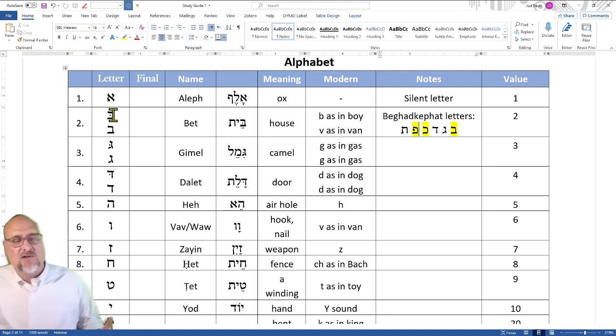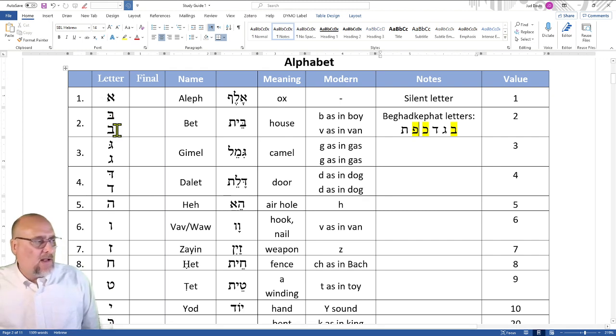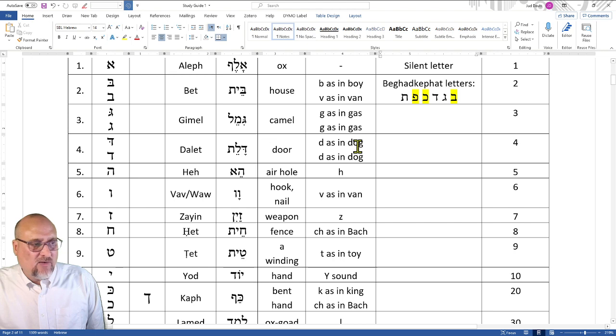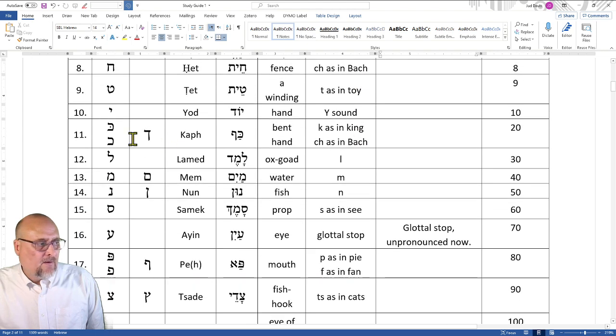So questions about that? So that's why you have B or V. The Gimel is just G. The Dalet is just D. The Kof, if it has the dot, it's the K sound. If it doesn't have the dot, it's the CH sound. Right?